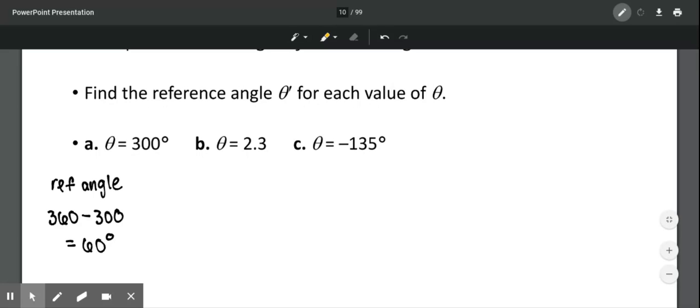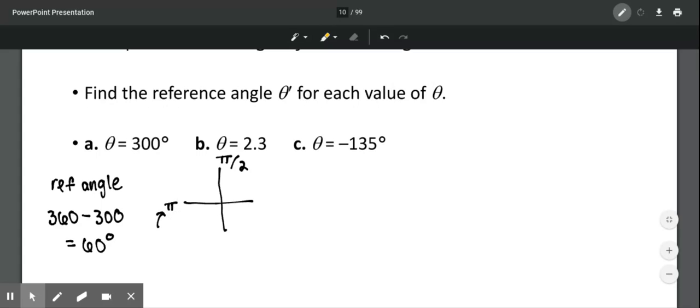All right, theta is 2.3. So this is in radians, right? Because there's no angle measure. And so we have to think about where is 2.3. So visualize your unit circle. Right here at the top is pi over 2, and over here on the side is pi.